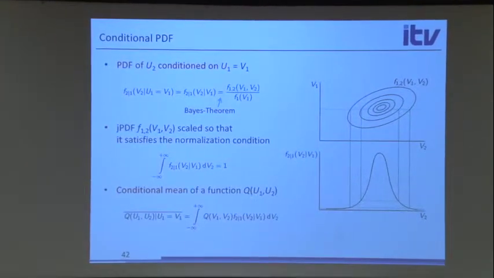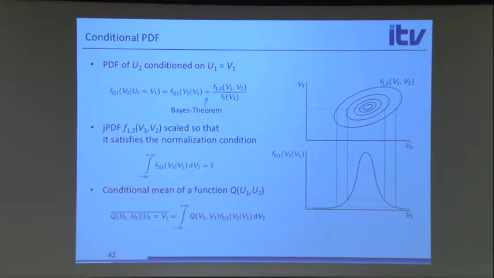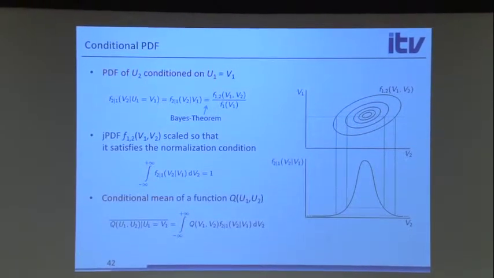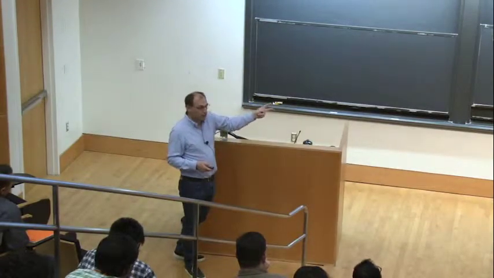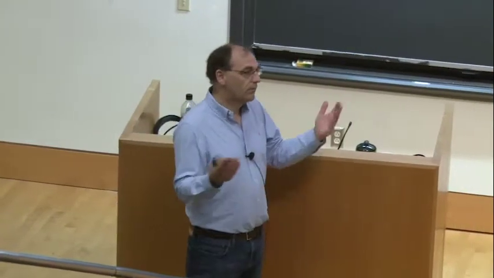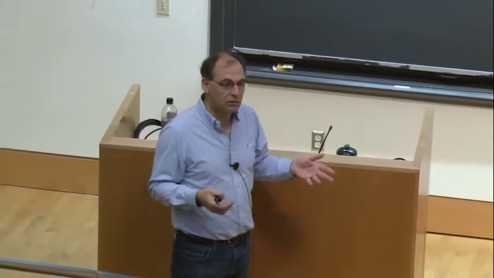If I have two of these, a joint PDF of two variables, then it's maybe 10 billion. And now comes the problem. We're not talking about a joint PDF of two variables. For a chemical mechanism, we have maybe 30 species plus the temperature.